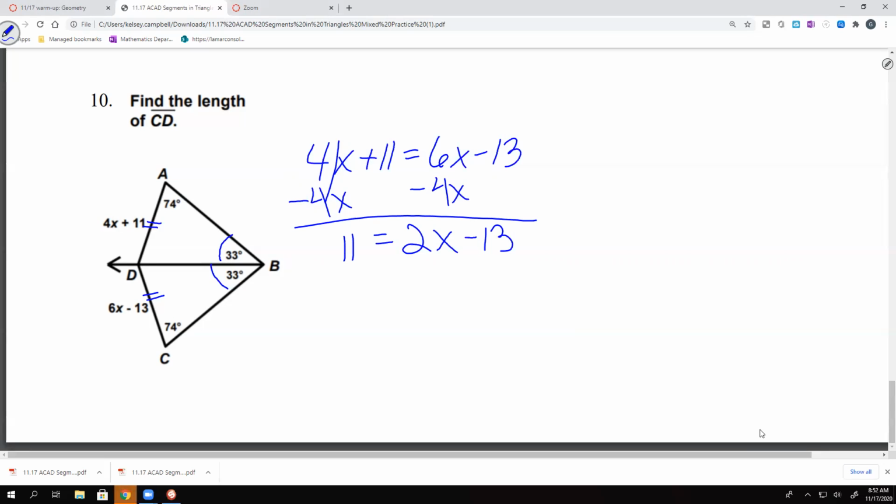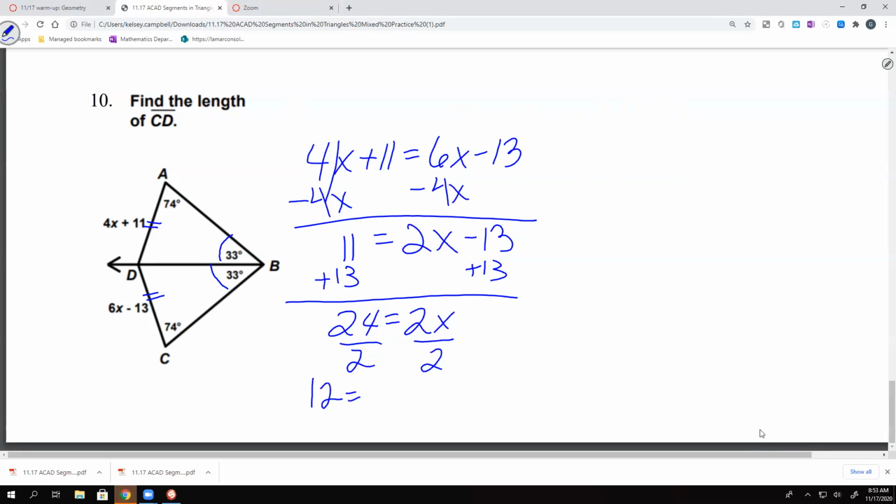And then move the minus 13 with plus 13. So add these together. So you get 24 is equal to 2x. And just remember, divide by 2. So x is 12. Is that our answer? No, what do they want?